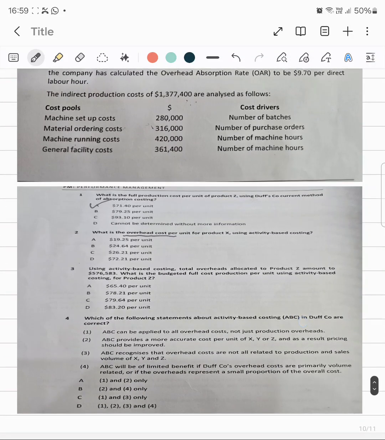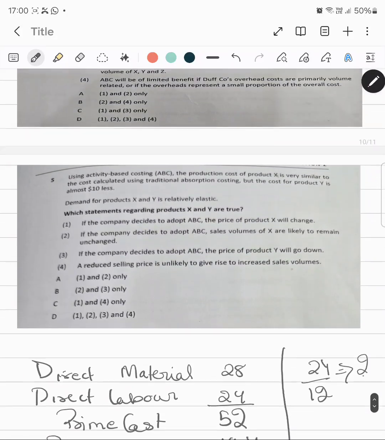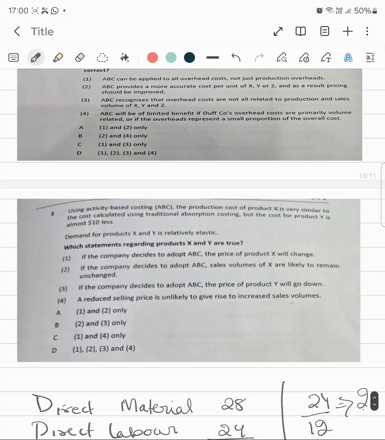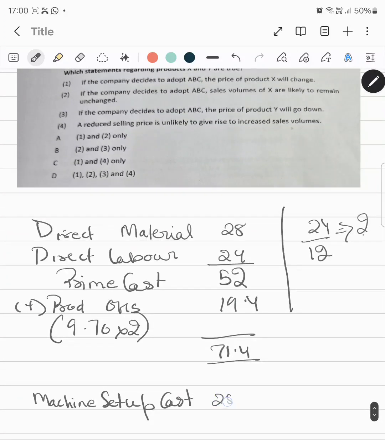First is machine setup cost, which was 2,80,000.